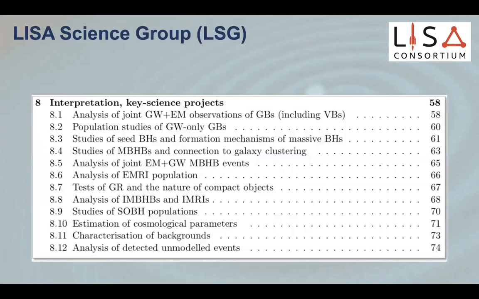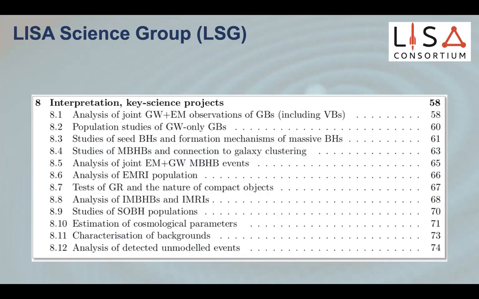This is taken out of the table of contents of the LISA Science Group. That's all about this interpretation item. You see a whole range of different topics here, which range from mainly astrophysically oriented studies to as pure fundamental physics as it gets, like testing the nature of black holes or general relativity.